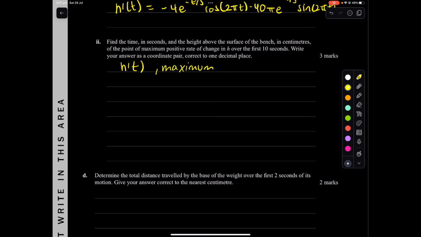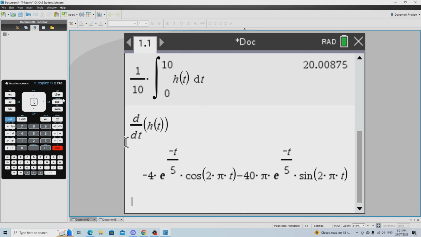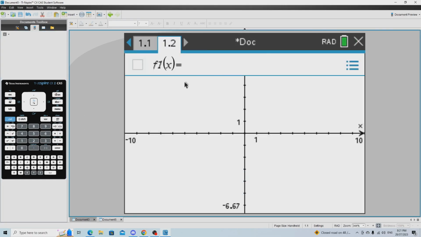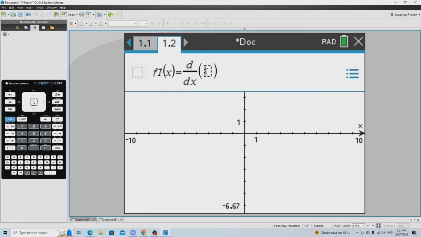I think just this question, I'm going to do it on the calculator. So we want to find h''(t) equals 0, where t is between 0 and 10. I'm just going to graph this because I cannot be bothered actually. So what's the derivative of h(t)?